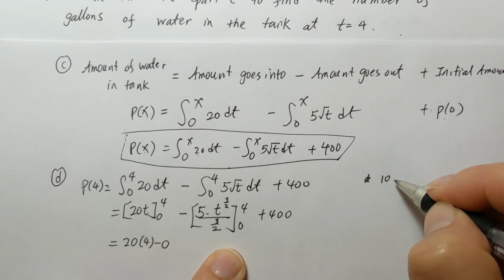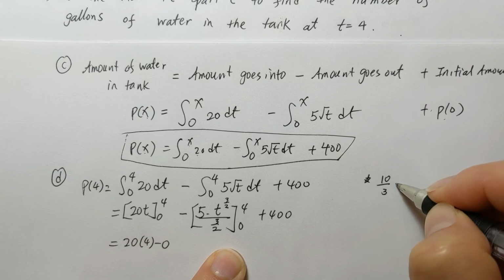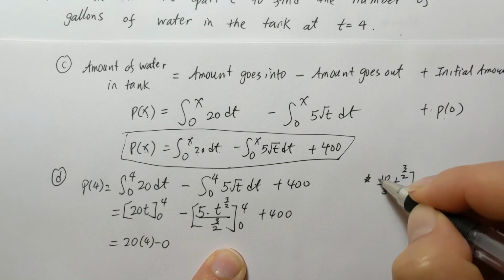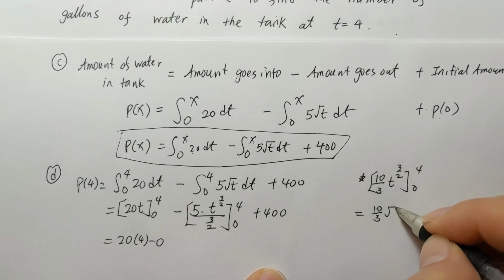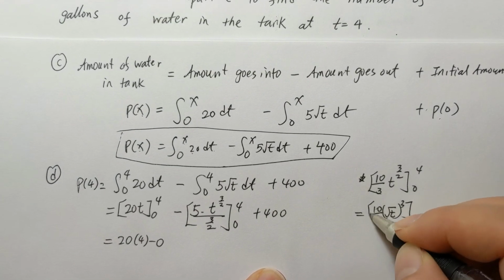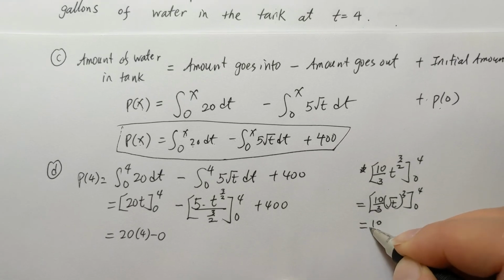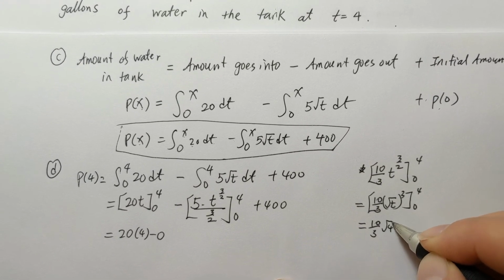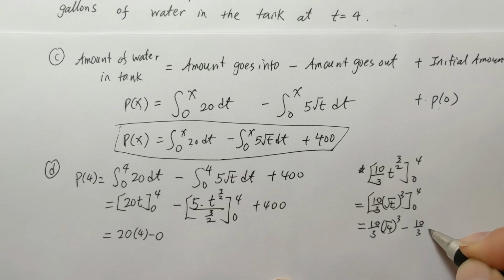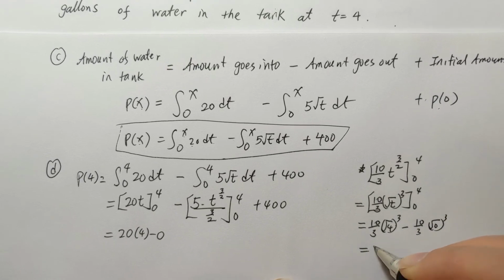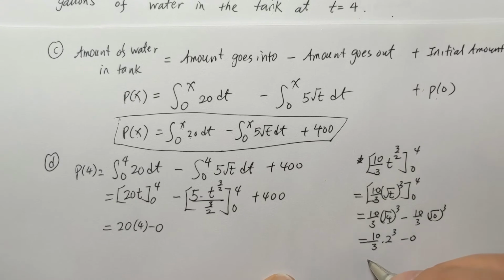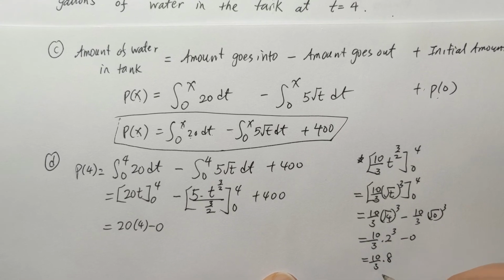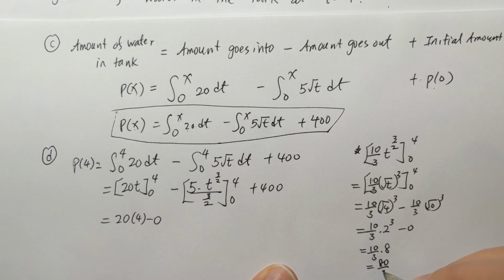We get 10 over 3 times t to the 3 over 2, which is 10 over 3 square root t to the third power, from 0 to 4. Then 10 over 3 square root 4 to the third power minus 10 over 3 square root 0 to the third power. So we get 10 over 3 times 2 to the third power, which is 10 over 3 times 8, or 80 over 3.